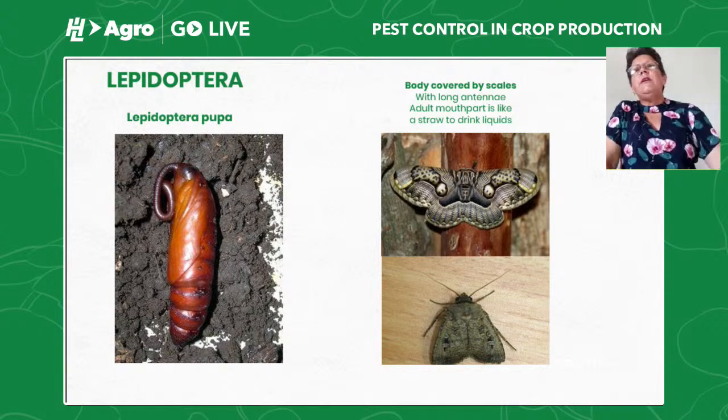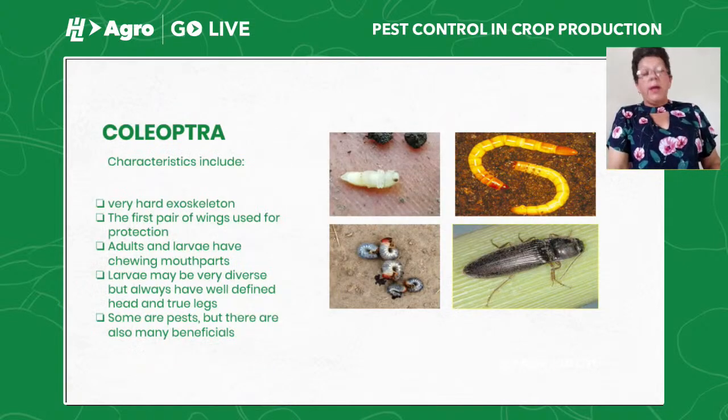They have very distinct feeding habits from the larvae. The larvae have chewing mouth parts and they may be pests. The adult doesn't damage plants.